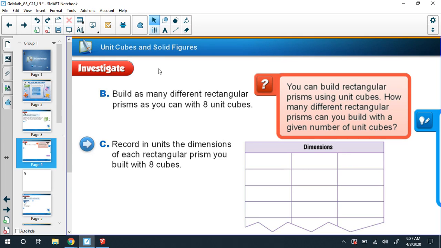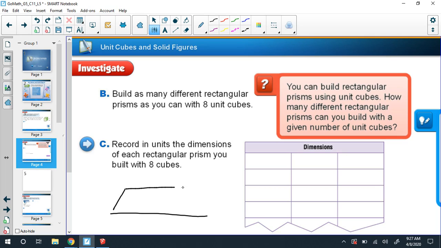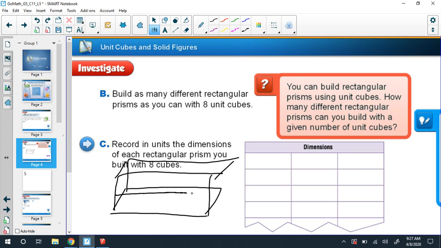Just one idea to keep in mind is that if we draw a rectangular prism like this, and let's say this is 2 by 2, anyway, if we draw this shape and then take it and stand it up on edge, that's really not going to be a new rectangular prism.